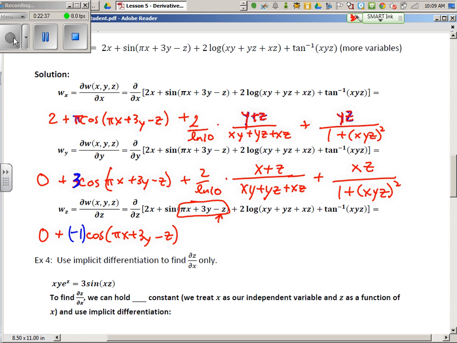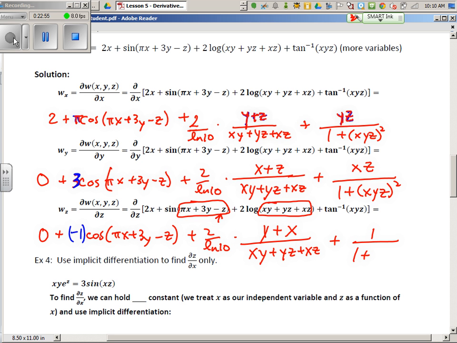And then you do plus the 2 over ln 10 thing, and then you have 1 over xy plus yz plus xz. The derivative of the inside, since only z is a variable, you're going to get y plus x here. And the last term is 1 over 1 plus xyz squared, and the derivative of the inside is simply xy.